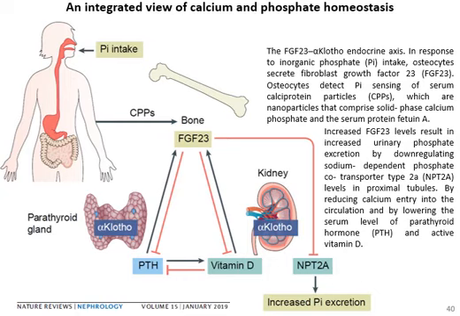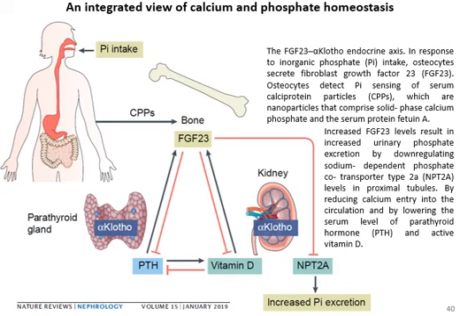As a short introduction and summary, you can see that the major factors of calcium and phosphate metabolism are PTH, vitamin D, and FGF hormones.